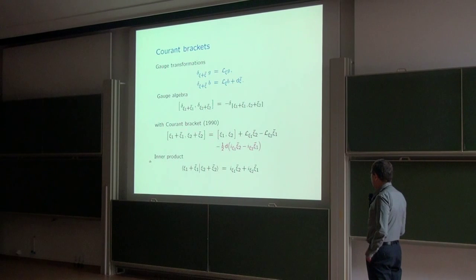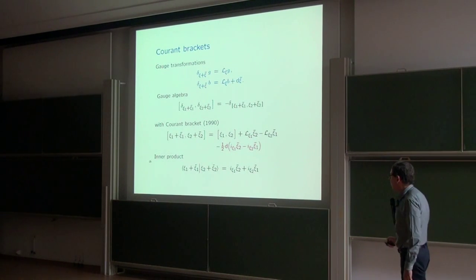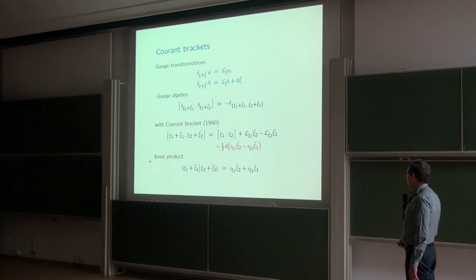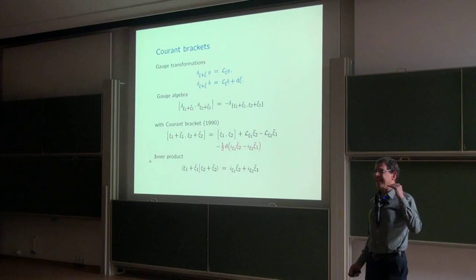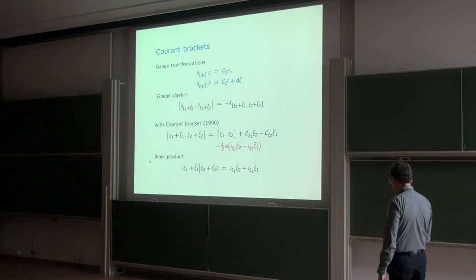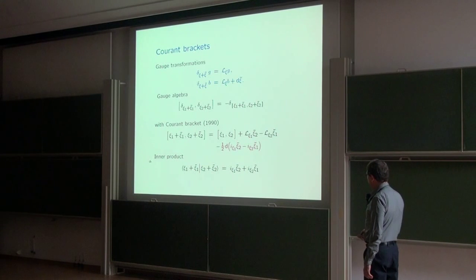So even in the algebra of the Courant bracket, you cannot tell if there is an exact one form on this right-hand side, and there's a canonical way to construct an exact one form, which is to contract the vector with a one form, that's a function, an antisymmetric function, and take the exterior derivative. And that's a natural one form to add here. And you could put any coefficient here if you wanted. And Courant put a minus 1/2, because for that minus 1/2, the algebra has an extra automorphism, which is quite interesting. We'll say a little more about that soon.